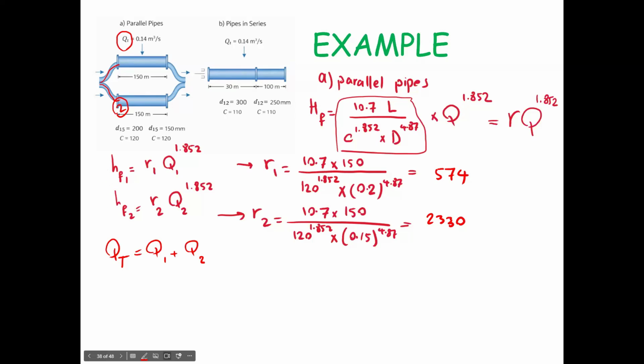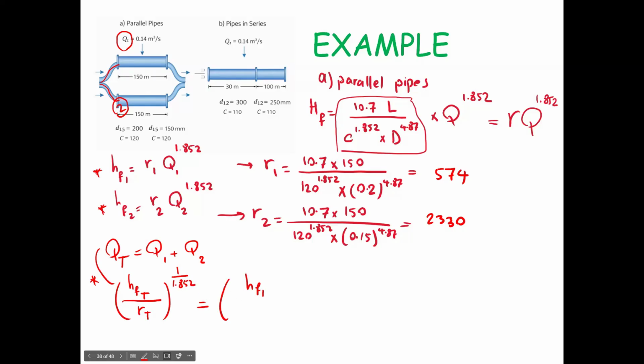Based on this, I will call that one star, so replace the star here. Instead of QT, I will write HFT divided by RT, and for the power, I just need to reverse it.